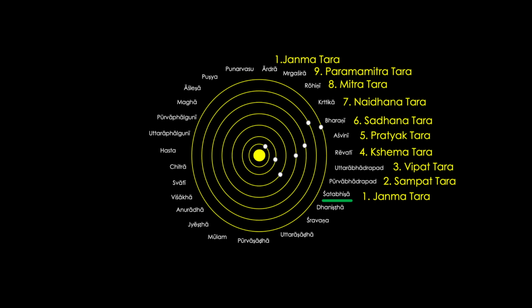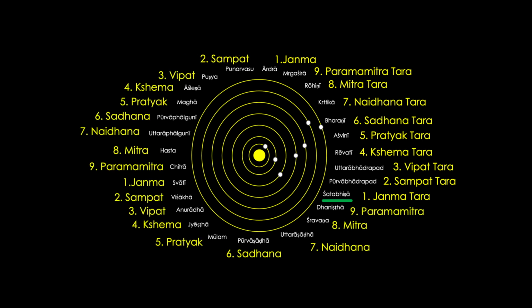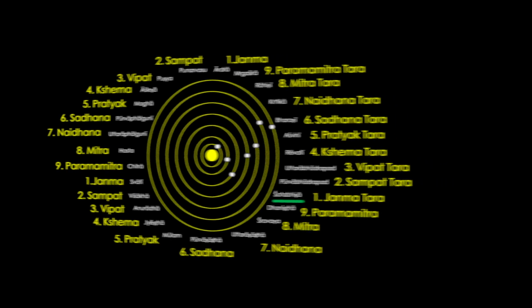This nakshatra is 10th from Janma nakshatra and hence called Janmatara. Next is Punarvasu. This nakshatra is 11th from Janma nakshatra, which is Shatabisha here in this example, is treated as a second from Janma nakshatra and hence called Sampattara, and so on until you reach Shatabisha nakshatra.